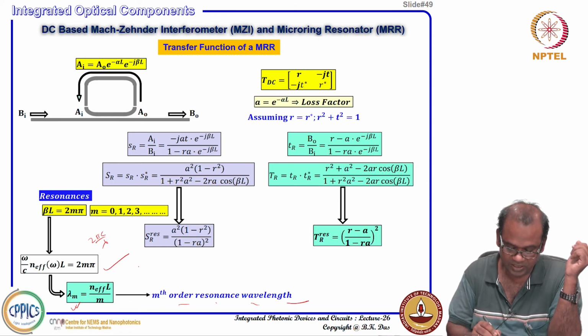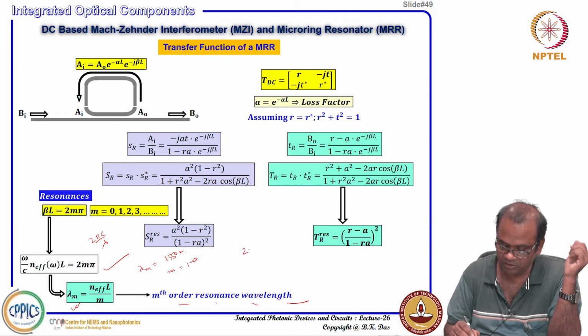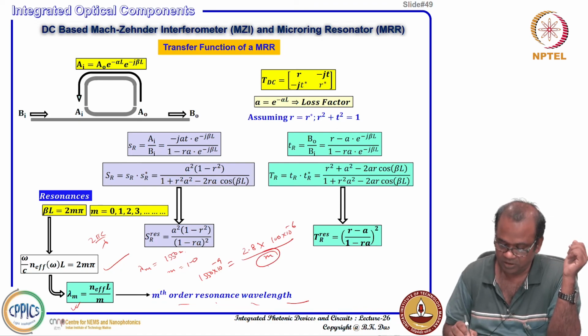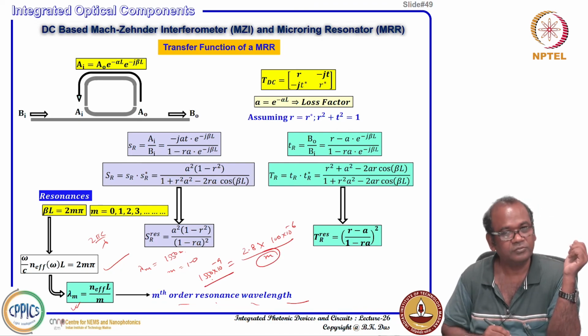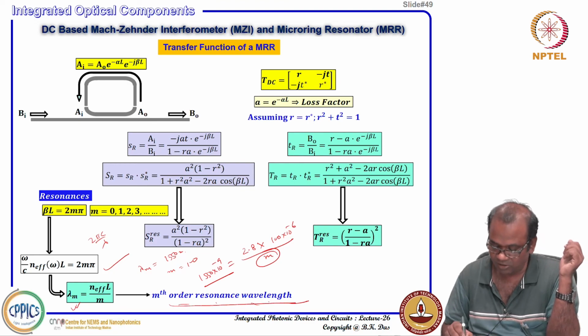So if I say that L and n effective are adjusted such that I get lambda m equal to 1550 nanometer, and maybe m equal to 100, suppose L equal to 100 micron, n effective equal to say 2.8, L into 10 to the power minus 6, and lambda I am putting 1550 nanometer, 10 to the power minus 9 meter. So I can find out what order of resonance I will be getting. Okay. Then this is the mth order of resonance.